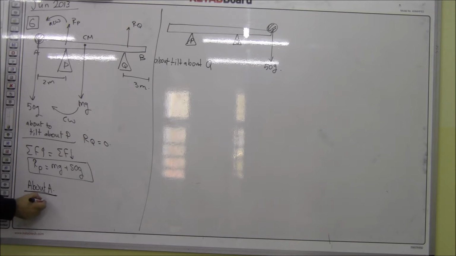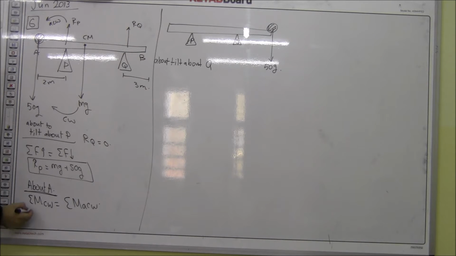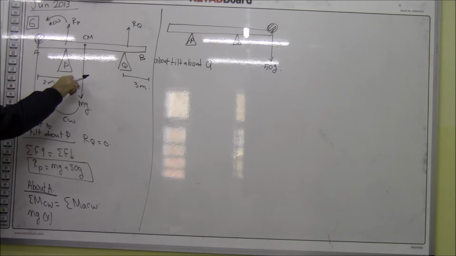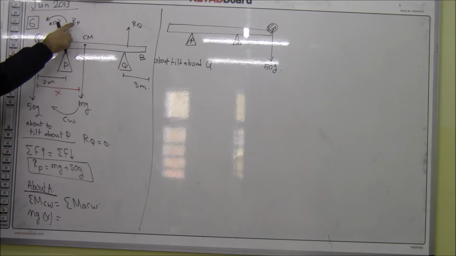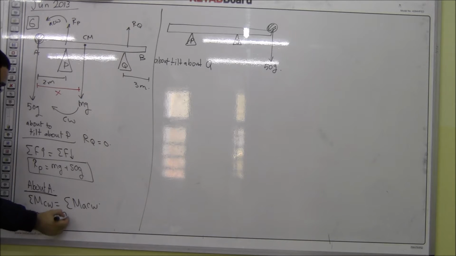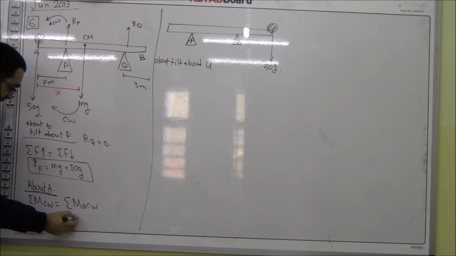Sum of clockwise moments equals sum of anti-clockwise moments. The clockwise moment is mg times x, where I assume the distance from mg to A is x. This equals RP times 2 meters.